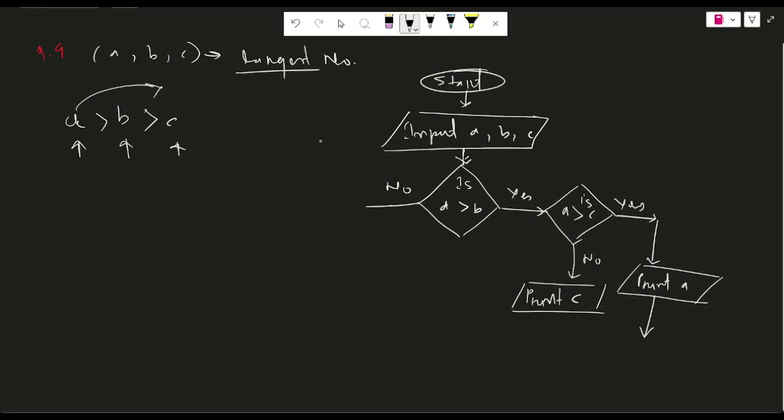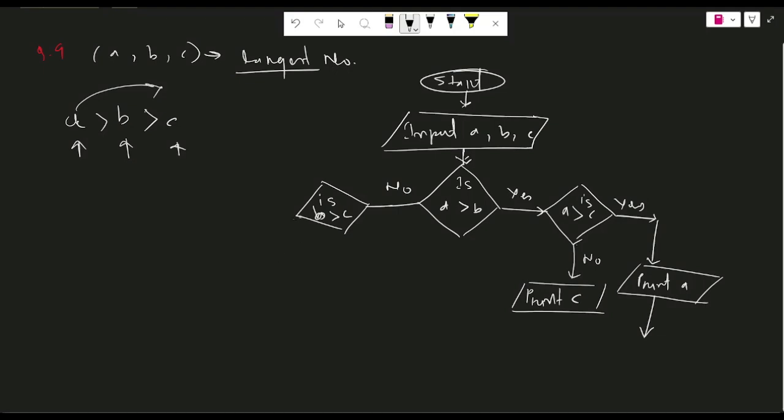Next, if a is not greater than b at the first check, and we found that b is greater than a, then there is one condition we can put here: is b greater than c? We are checking whether b is greater than c or not.